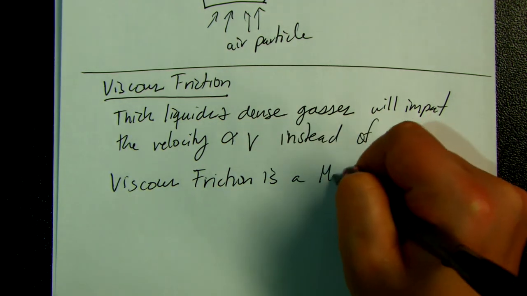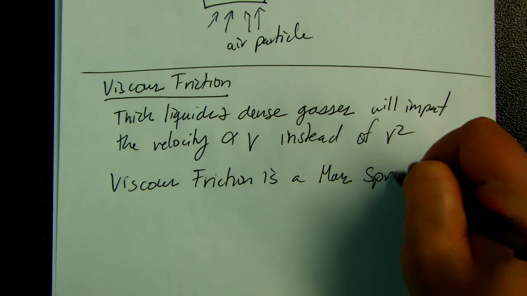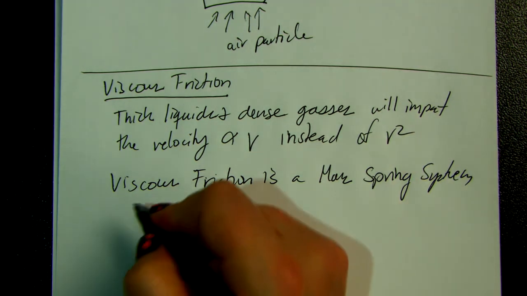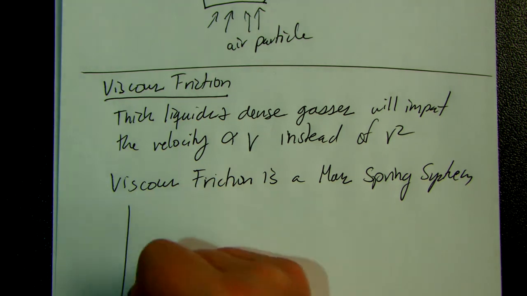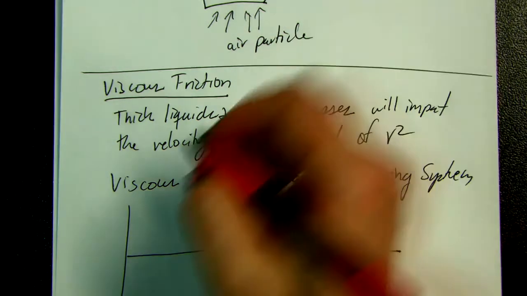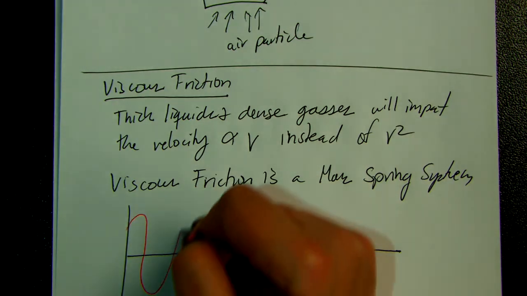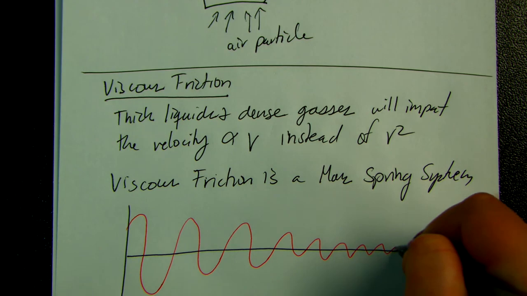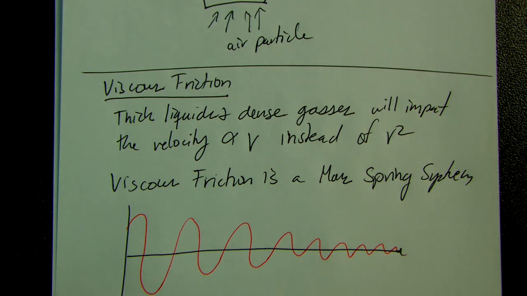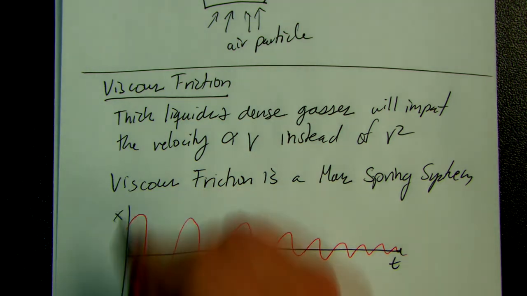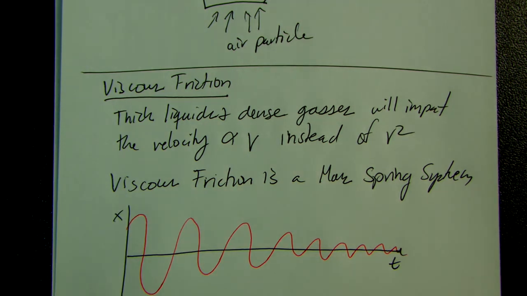in a mass spring system. So let's say you had a mass spring system in honey. This is what it would look like. You would start off and so on and so forth. So this is time on the x-axis.